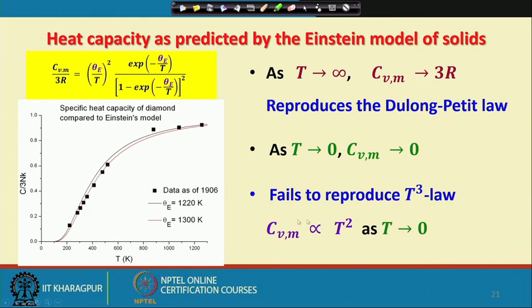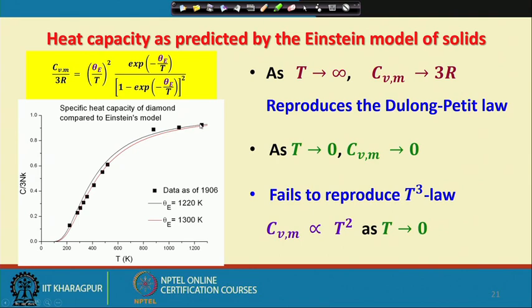What I have shown here in this picture is the calculated value of CV at different temperatures, and the solid lines give you the variations of CV calculated first at theta E equal to 1220 Kelvin and then theta E at 1300 Kelvin. And these square boxes are the initial measurements of the specific heat values of this solid, which is diamond.